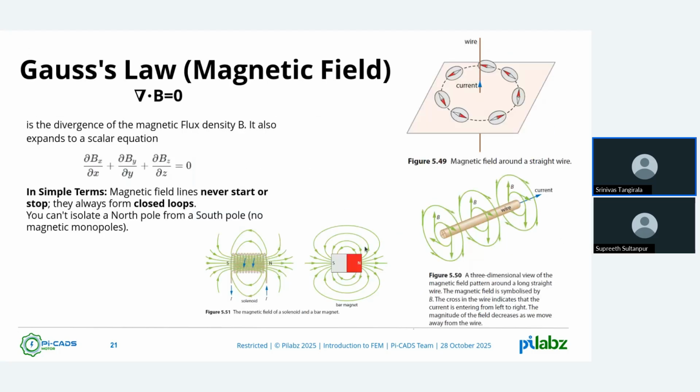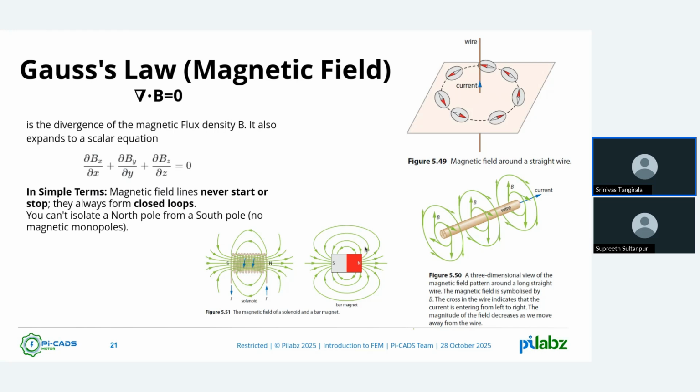Now we look at Gauss's law for the magnetic field. Like I said, what this equation means is the field lines never start or stop. They always form closed loops. Okay. So in figure 5.49, you can see a current carrying conductor generates a magnetic field.